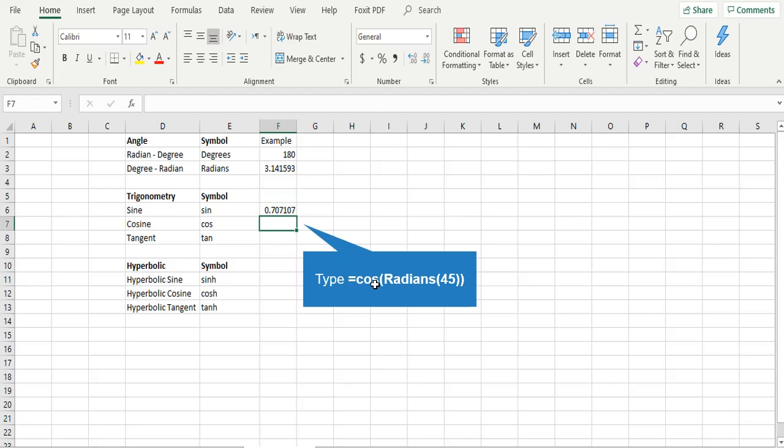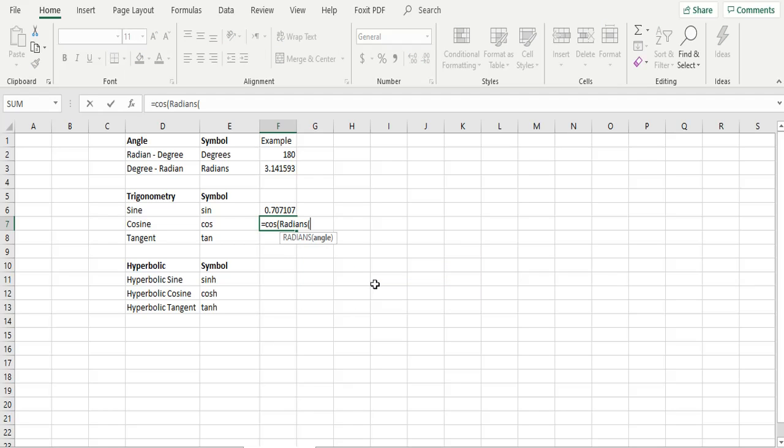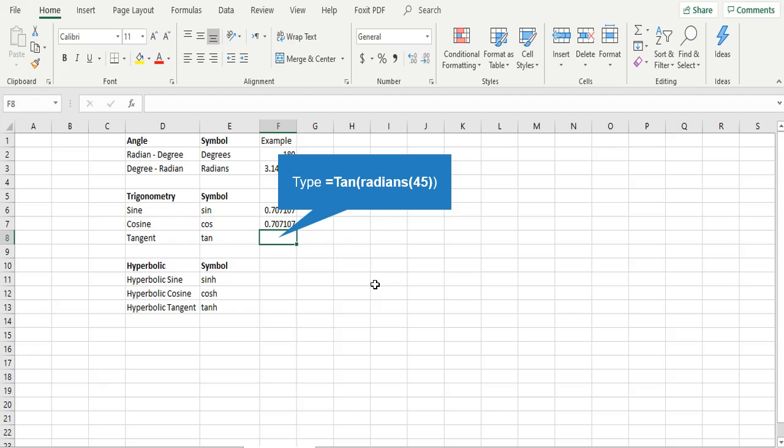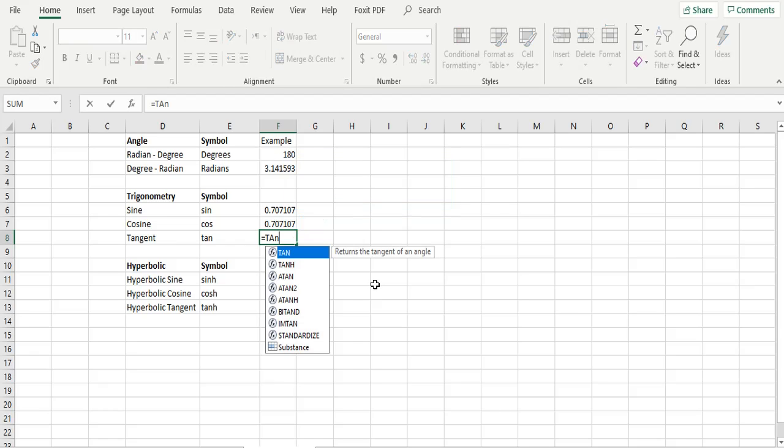Okay, so here the same thing for cosine. We need to change it to radians, 45. So you'll get the value. And for tangent, okay, don't worry, Excel is not case sensitive.